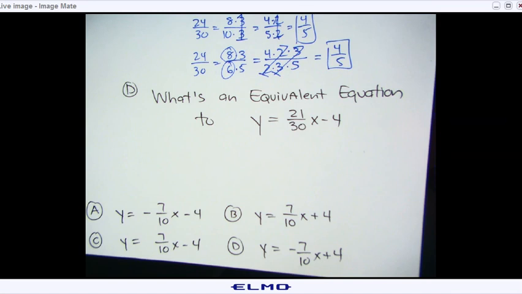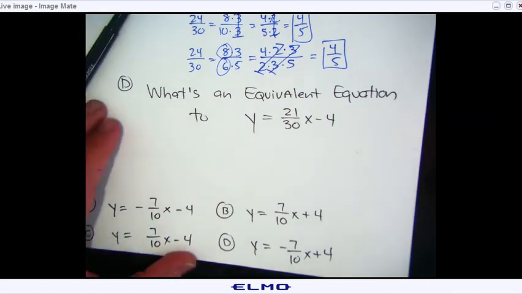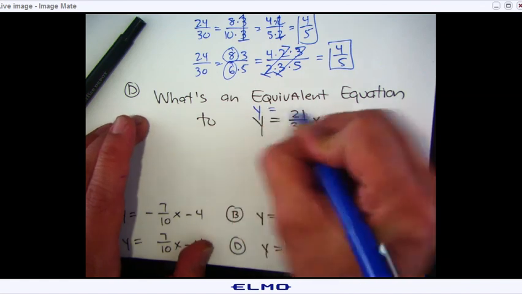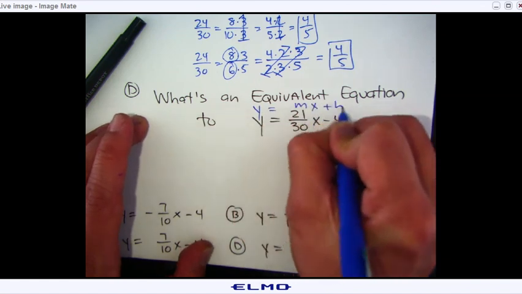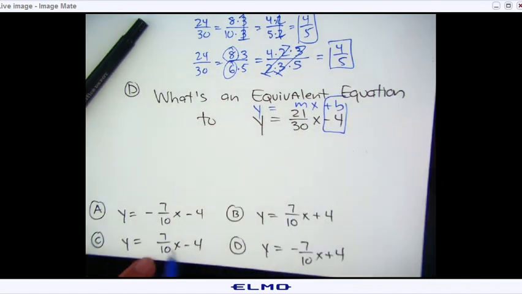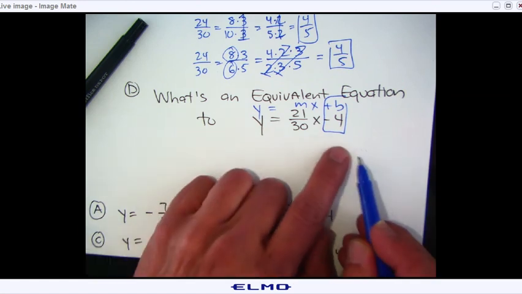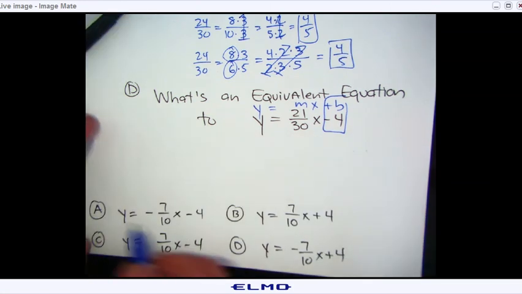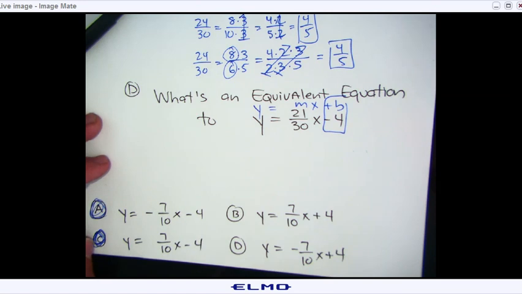All right, if you look at this, y is equal to mx plus b. They're all y equals mx plus b. But I want a negative 4, right? So it's going to be either A or C.